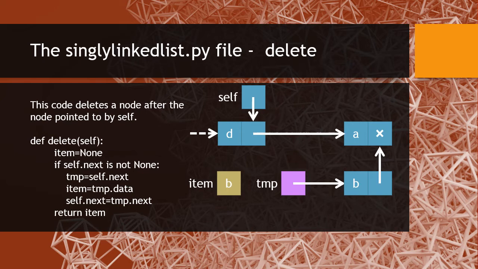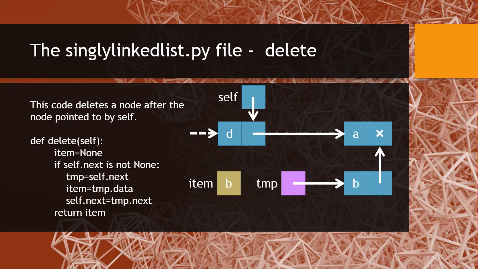But look at the singly linked list. D is pointing to A. Is any node in the singly linked list pointing to the node containing B? No. So can I say that the node containing B is not a part of the singly linked list anymore?